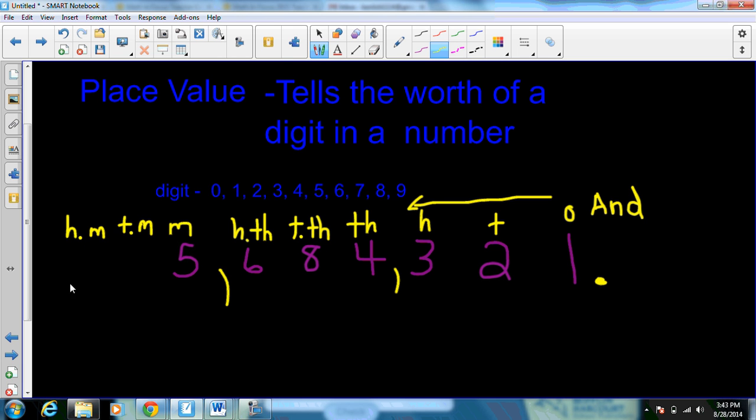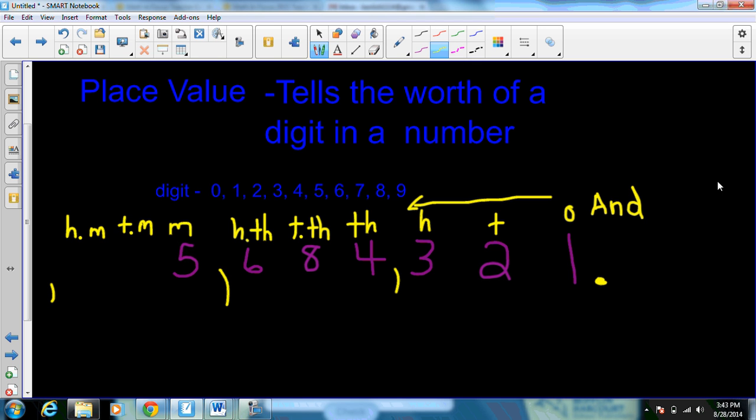It would keep going. But we're going to stop right here at millions so that you can see what we have here. We have ones, tens, hundreds, comma, 1,000s, 10,000s, 100,000s, comma, 1 million. And you can keep going on.